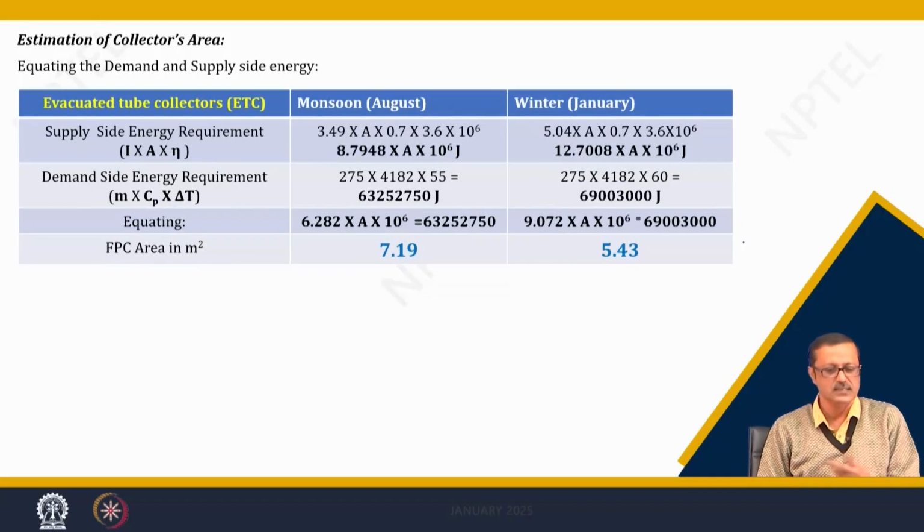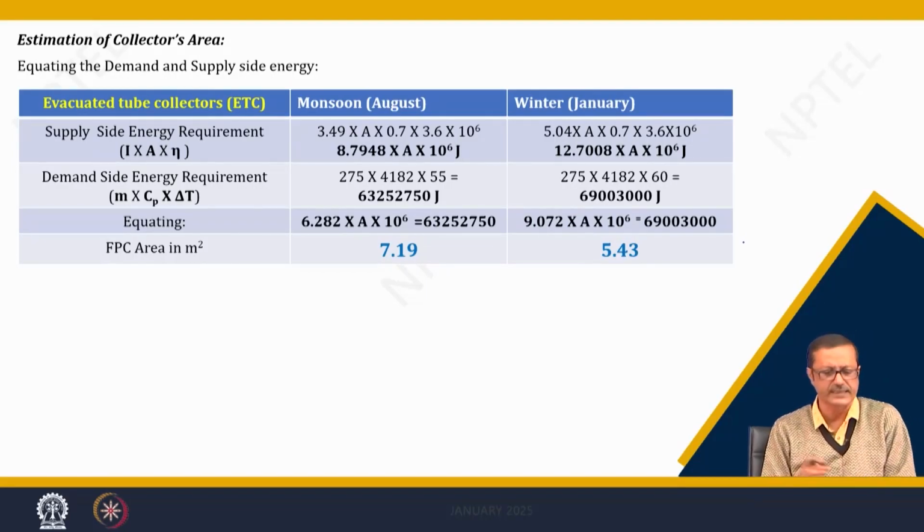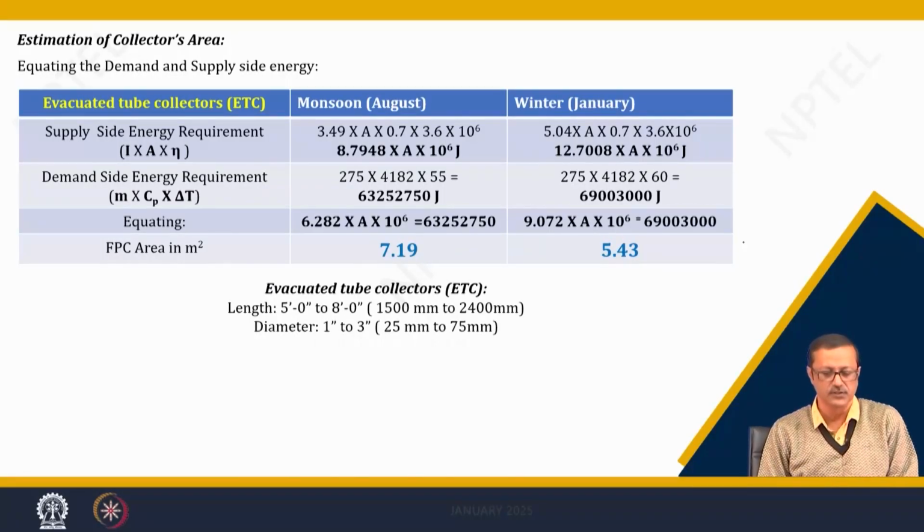Next, let us calculate the collector area for the evacuated tube collector. Similarly, I did it and I found the areas like this. Now for the evacuated tube collector, you have to find out not only the area but the number of tubes.